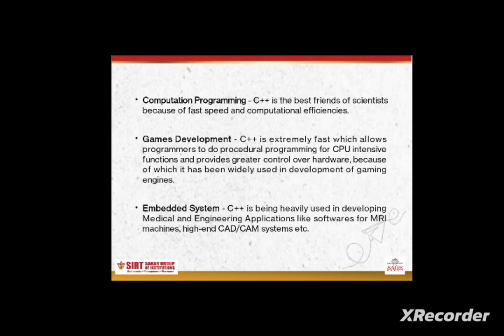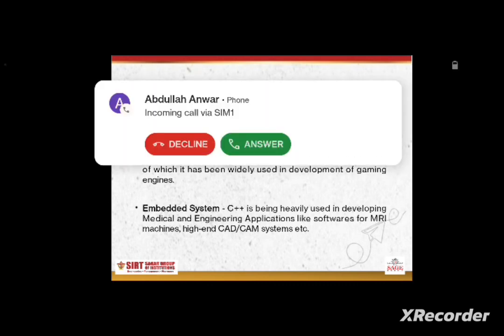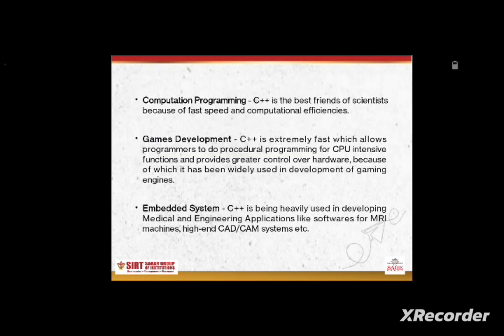When we say different types of games on Android mobile phones and different things, we can see there are a lot of things inside C++. We can use these functions, classes and objects for making different games, and that provides greater control over the hardware as well as software also.